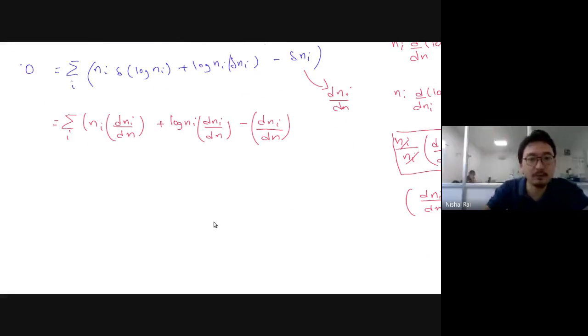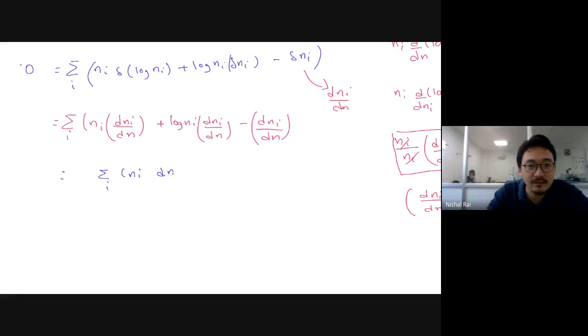Okay, so after that what can we do? We can take dn common, because dn doesn't depend on anything. Summation over i, and you can take dn on the other side. Let's just write this as delta or d.